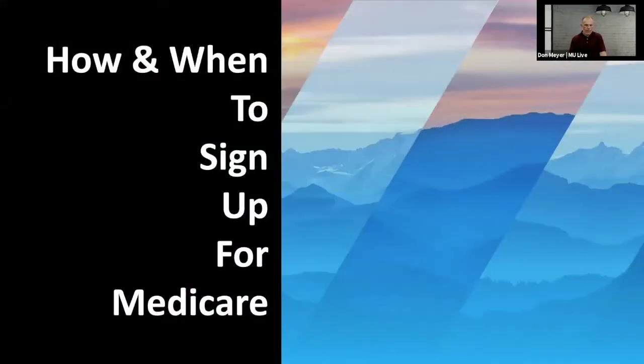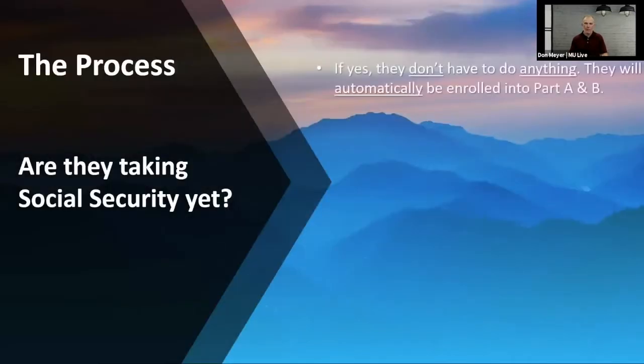Now, another common question that your Medicare beneficiaries are going to ask you is, how do I sign up for Medicare? When do I sign up for Medicare? And the answer to that is, it depends. All right, you need to know what their situation is in order to guide them. So the first question that I always ask people when they say, how do I sign up for Medicare?